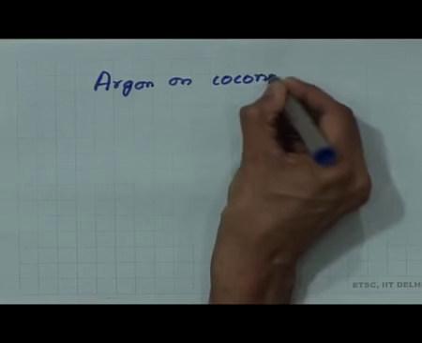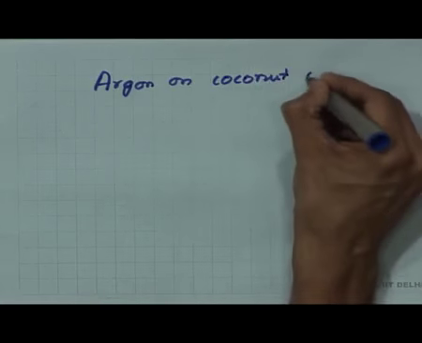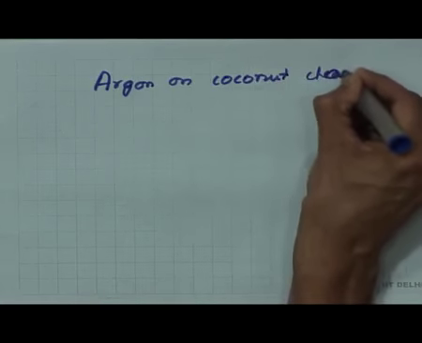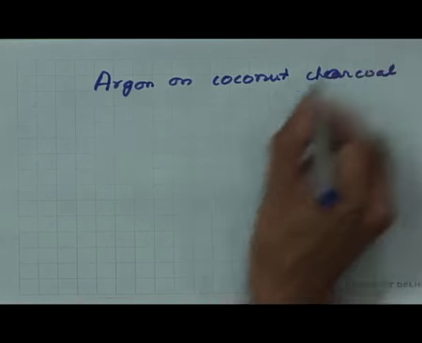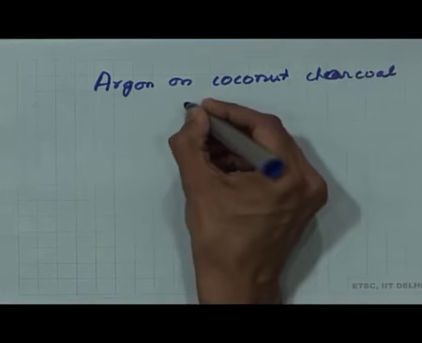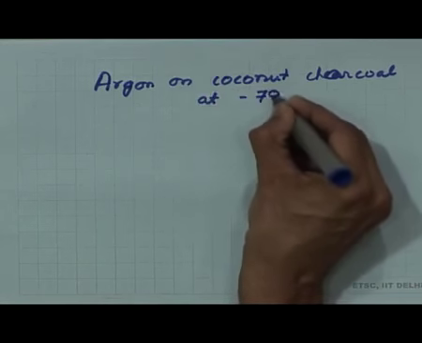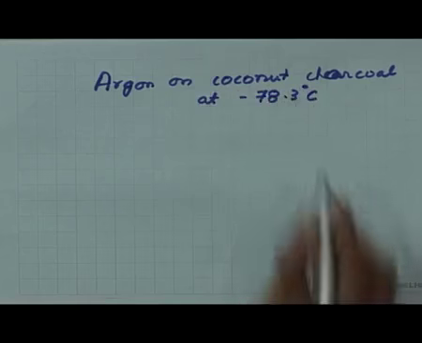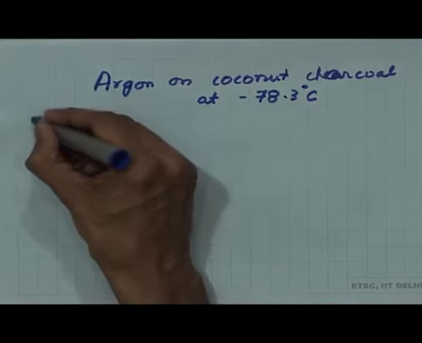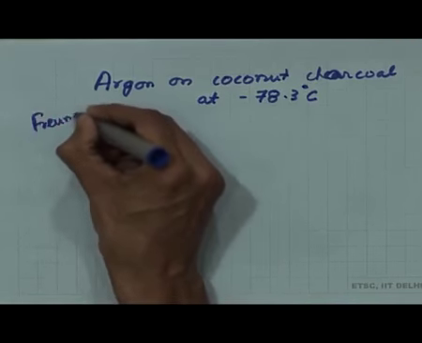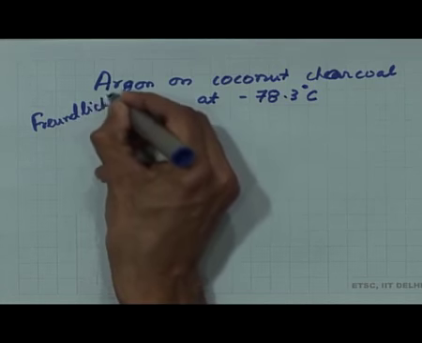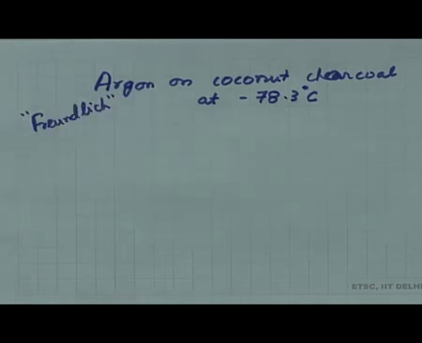That is, you take coconut husk, you burn it and you get charcoal, and then you take an appropriate amount of this. At minus 78.3 degrees Celsius is where Herbert Freundlich did this measurement.